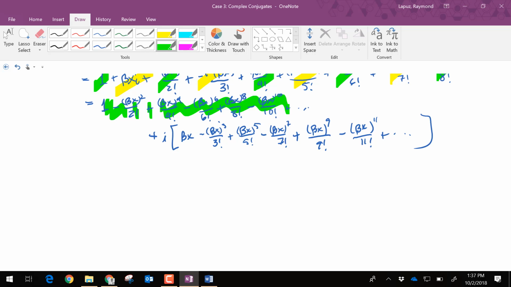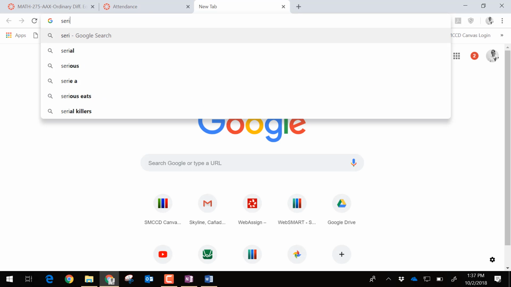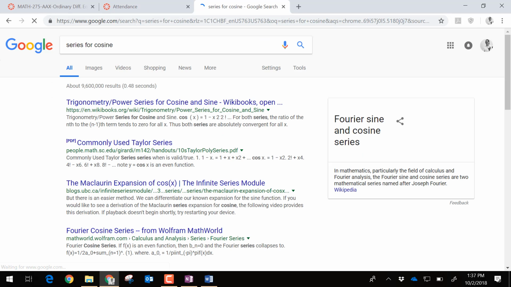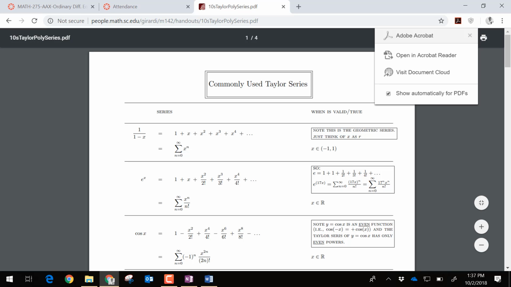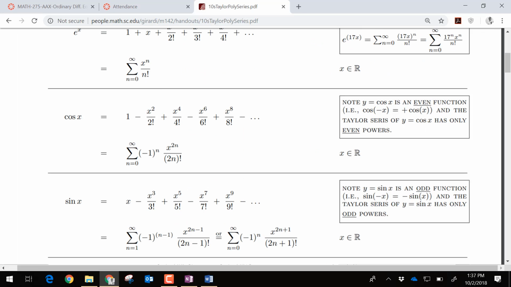Let's Google it in case we don't remember it. Cosine function. 1 minus x squared over 2 factorial plus x to the 4th over 4 factorial minus, alternating, all even powers.